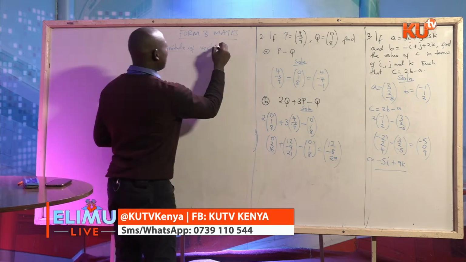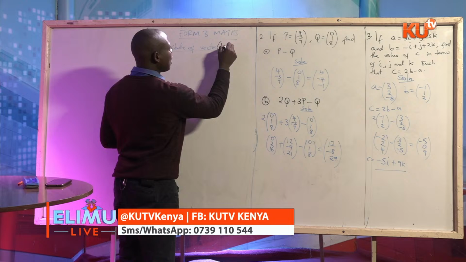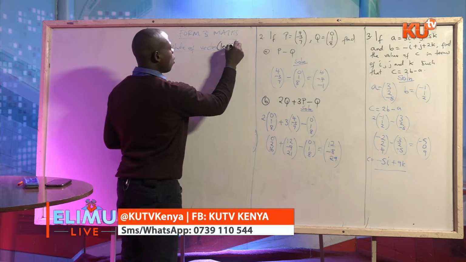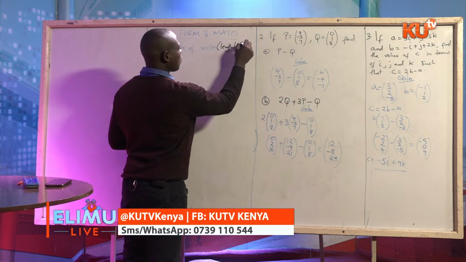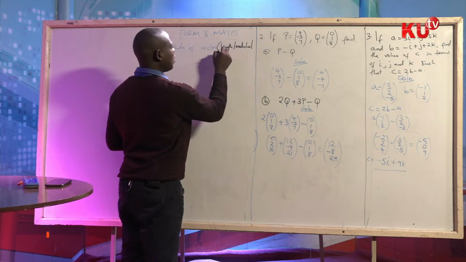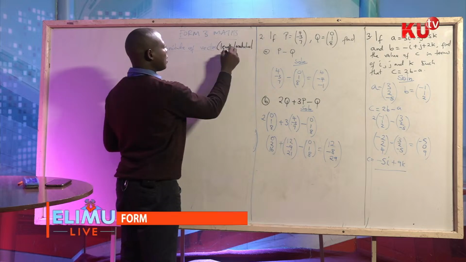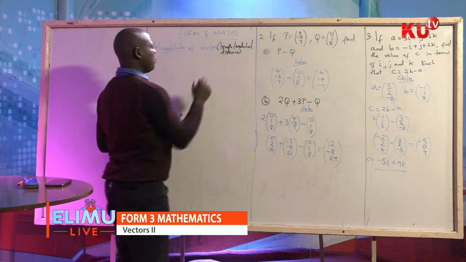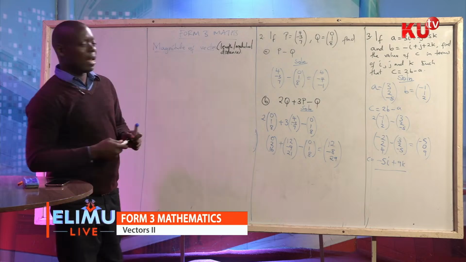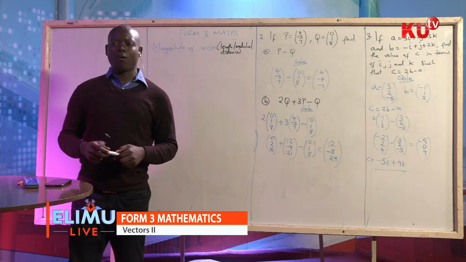Magnitude also means the length of a vector, or we use the word modulus of a vector, or we can represent it with the word distance. So whichever word we use, it still implies the magnitude of a vector.